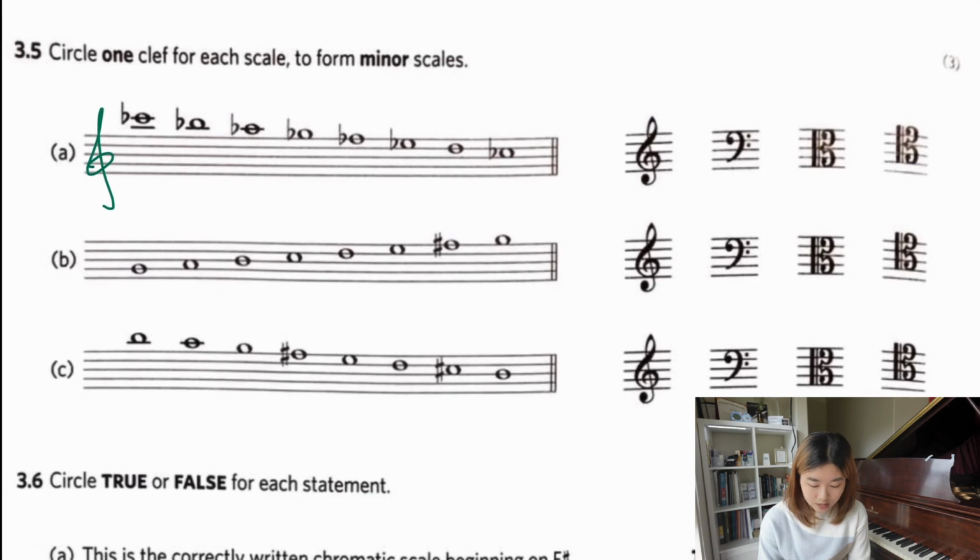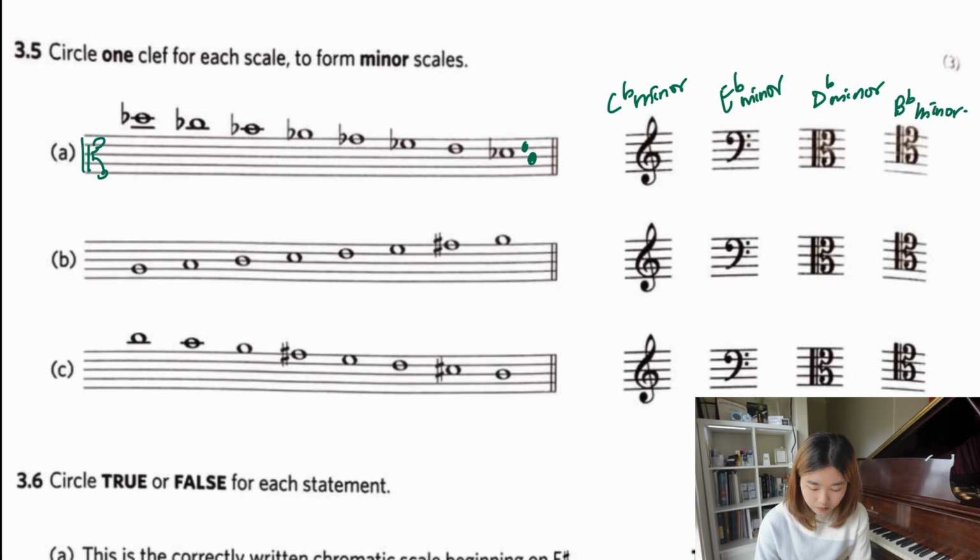So this would be a C flat minor. Make sure you're forming minor scales, okay? Bass clef would be an E flat minor. And then if I put it as alto clef, so this is the C, will be D flat minor. If this is a tenor clef, we're starting on B flat minor.